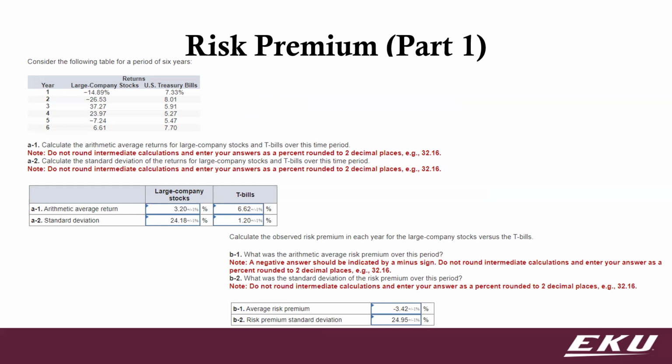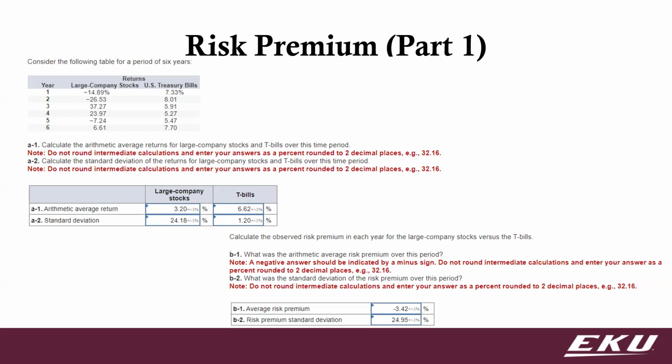They want us to calculate the arithmetic mean for these over this time period, calculate the standard deviation, and then looking at the difference in those two, we're going to come up with the risk premium, because the large company stocks are risky, U.S. Treasuries are not risky. And so we're going to calculate what is that risk premium, and then how much standard deviation is there around that risk premium.